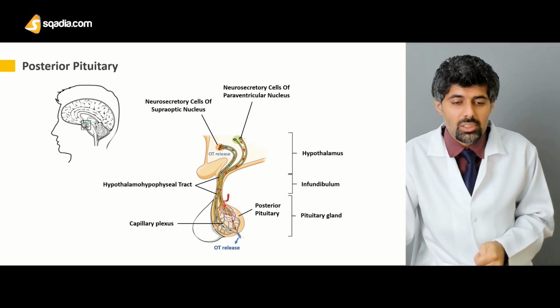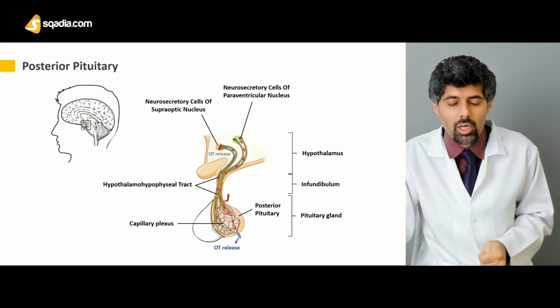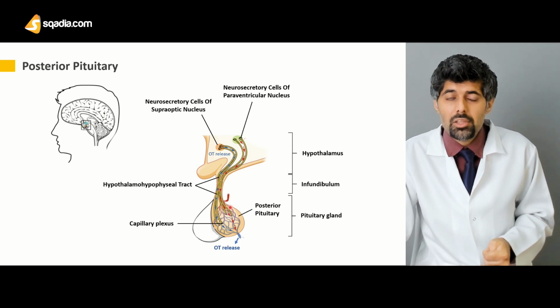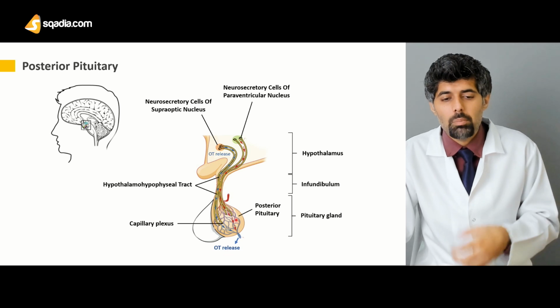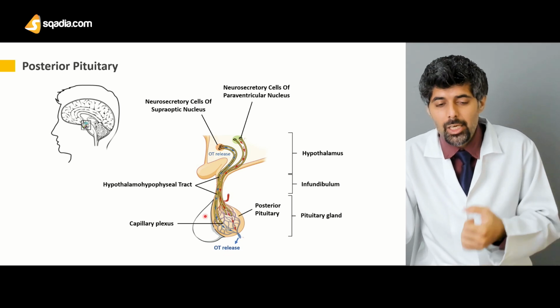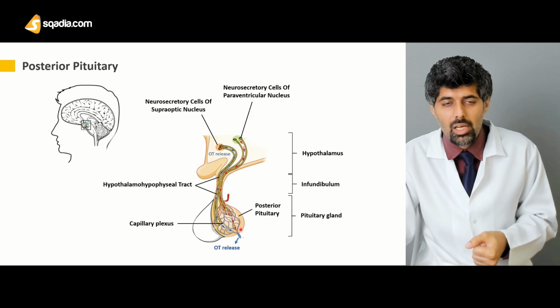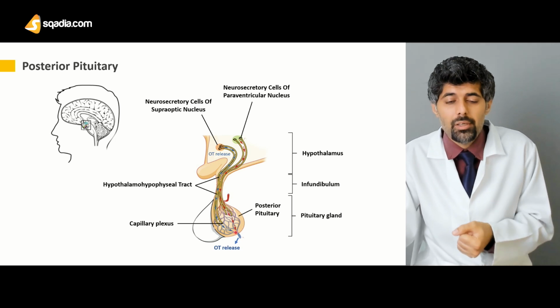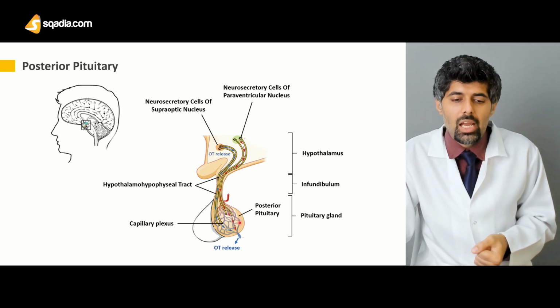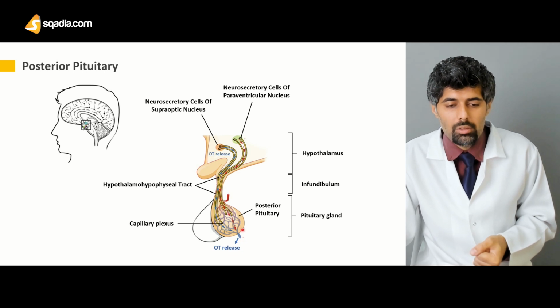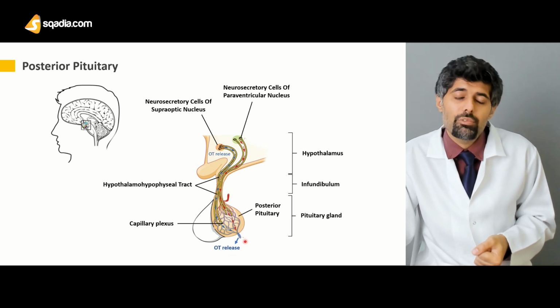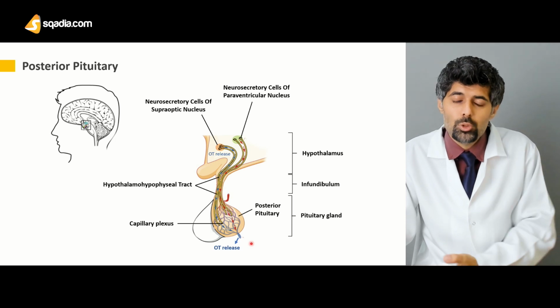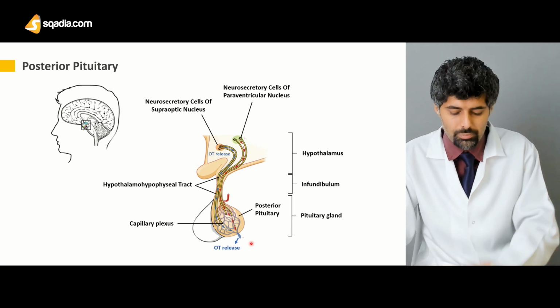Whenever these synthesized hormones are released into the tissue of the posterior pituitary, they are immediately picked up through the sinusoids into this vascular bed, and through this vascular bed they are collected and released all together through the hypophyseal vein of the posterior pituitary.